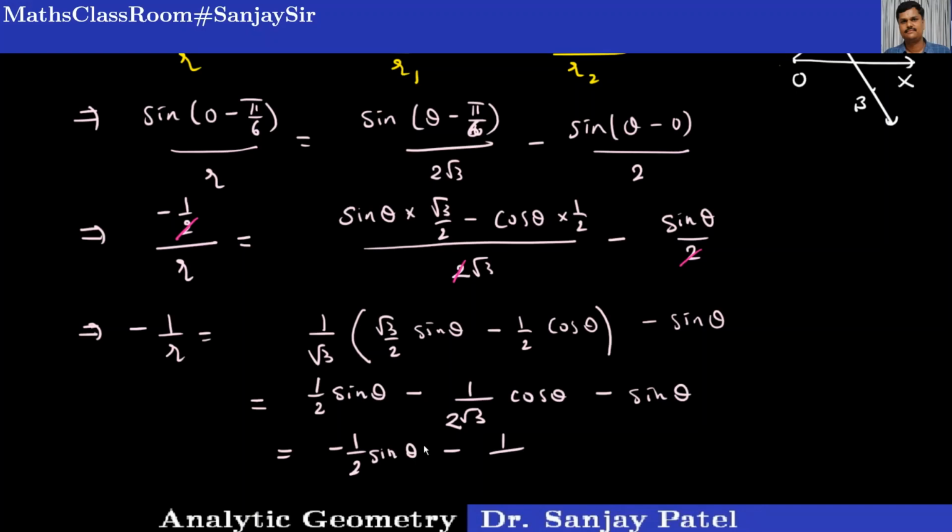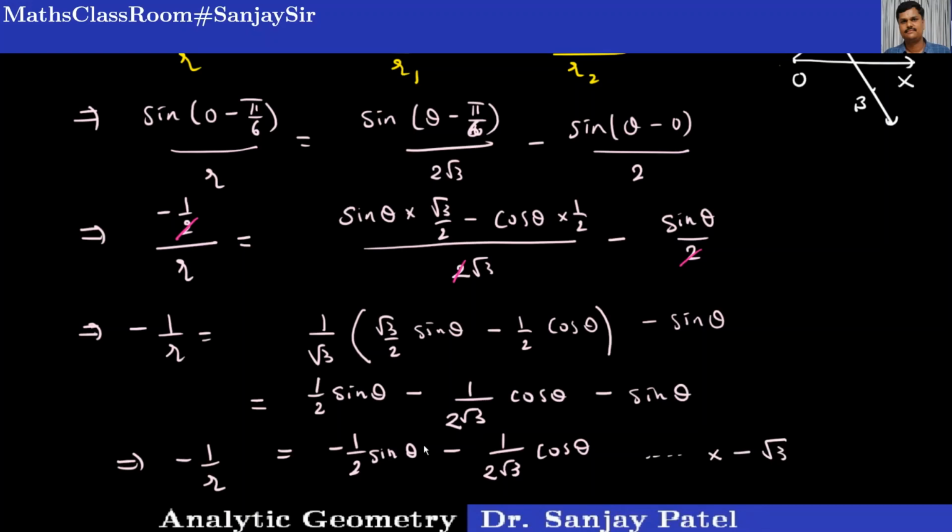This I am writing as it is. And here we have on this side minus 1 upon r. So cancelling this minus sign and also multiplying this equation by root 3, or let me multiply both the sides by minus root 3. So automatically everything will be settled.